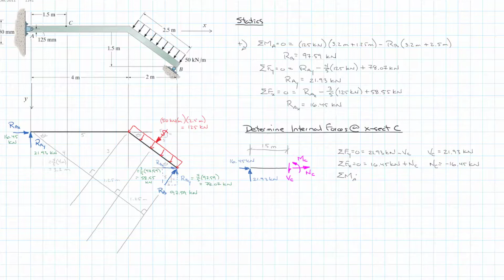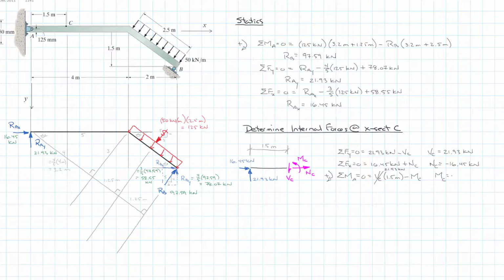And finally, we can do the sum of the moments about A equal to 0, clockwise as positive. And so that's equal to our V sub C multiplied by 1.5 meters. V sub C, we already know, is 21.93 kilonewtons, so we can substitute that in there. And from that, we have negative M sub C because it's trying to go counterclockwise.